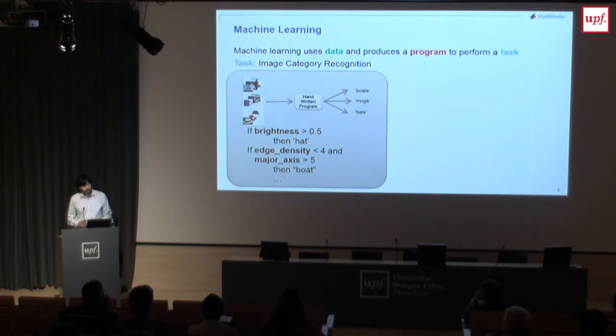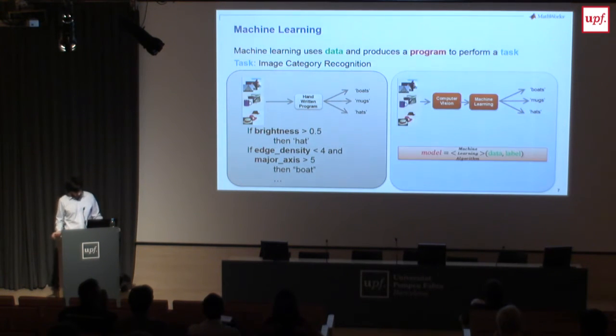But as my program becomes larger and larger and I get more and more images, it's going to get very difficult to maintain this program. And this is where machine learning techniques come in handy. So the goal is, instead of taking the approach on the left, we can just take our training data, which is going to be this set of pictures of boats, mugs, and hats.